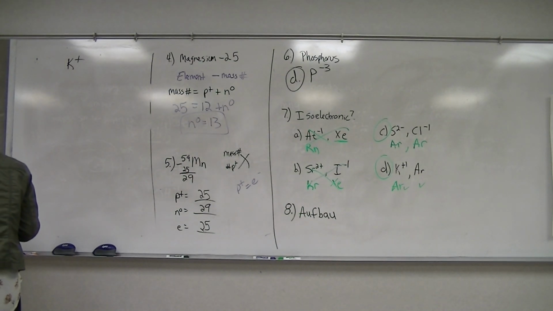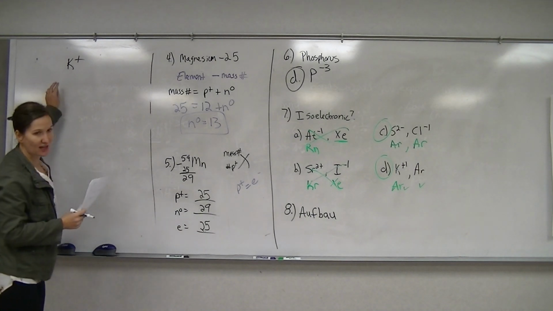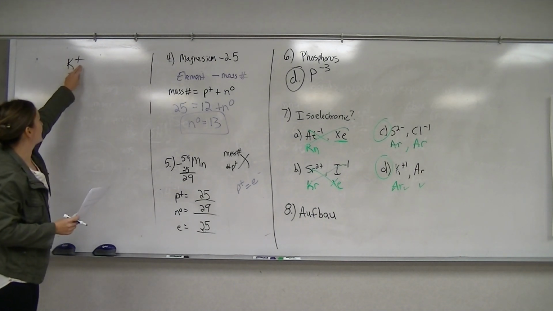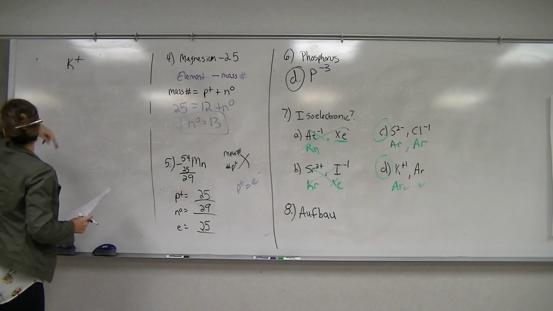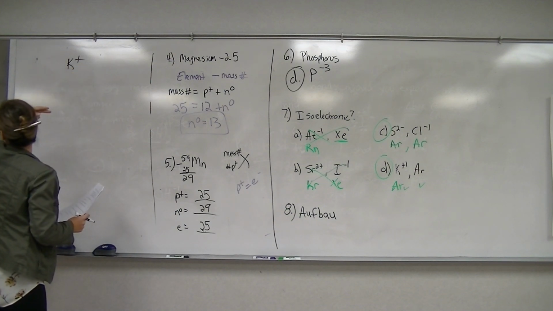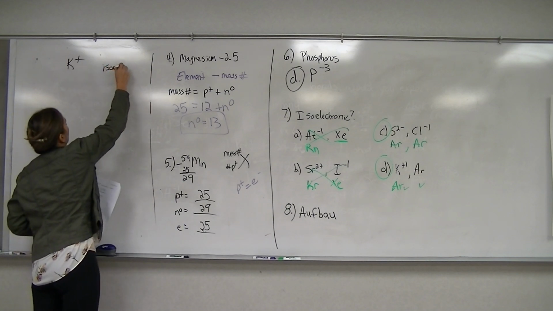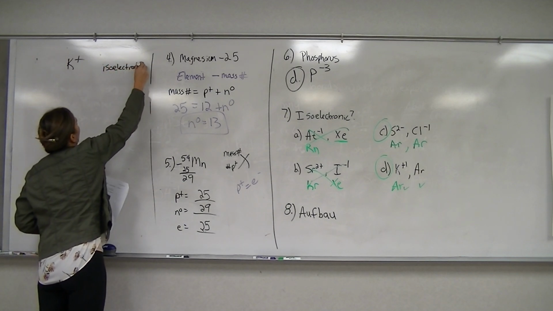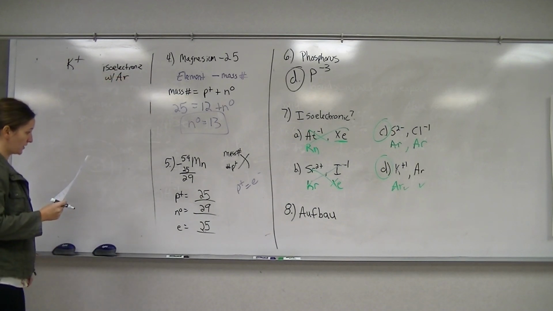K+ is going to be isoelectronic with argon because potassium is in row 4. Since it's a metal, it's going to be isoelectronic with the noble gas in the row above, and the row above is argon. So it's actually isoelectronic with argon. So that one is incorrect.